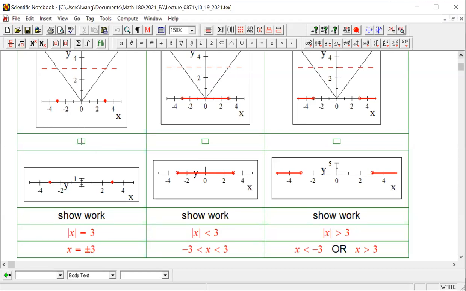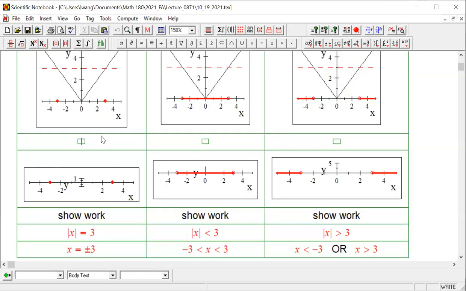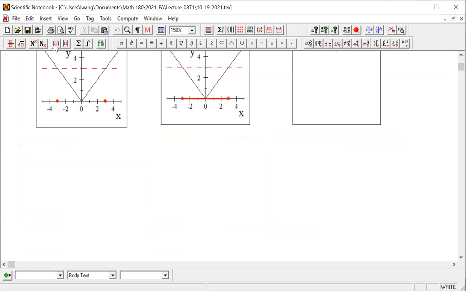For this case, the solution would be x equals negative 3 or positive 3. For the other case, the student will usually be pretty good with negative 3, positive 3. They can give us that interval properly.